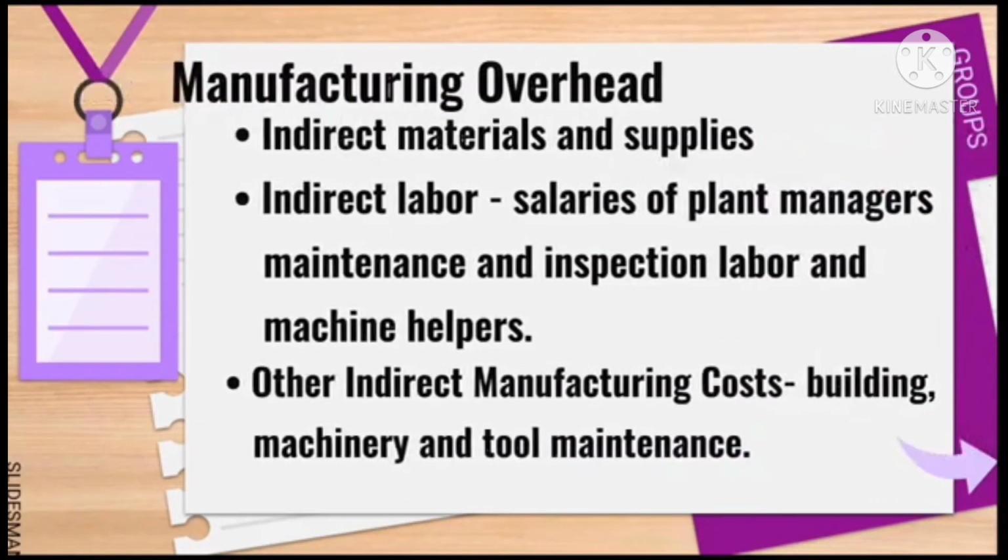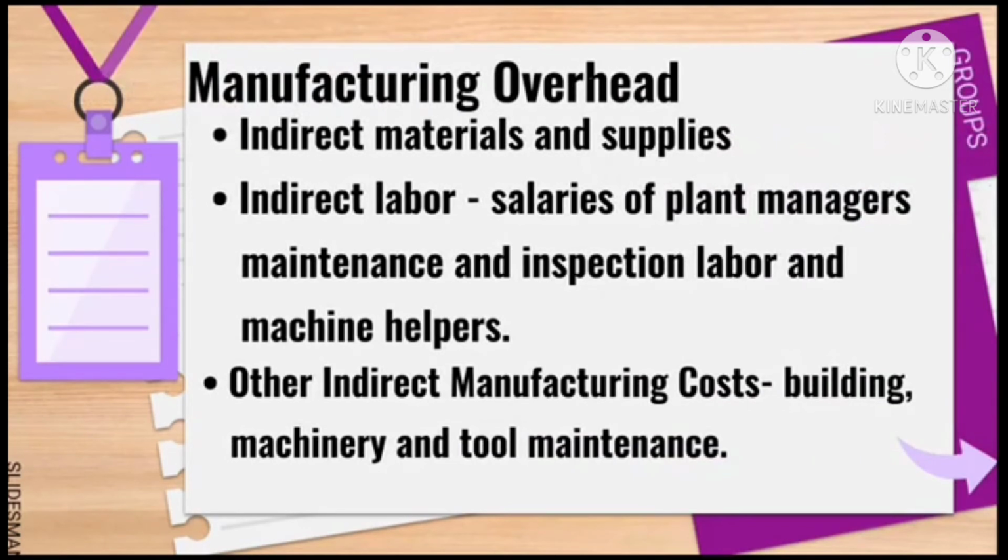The last element is manufacturing overhead. It includes all manufacturing costs that cannot be classified as direct materials or direct labor. So meron tayong indirect materials and supplies, indirect labor, and other indirect manufacturing costs.